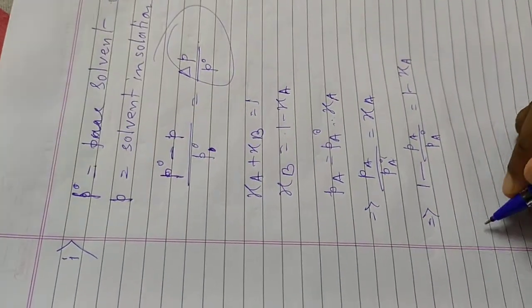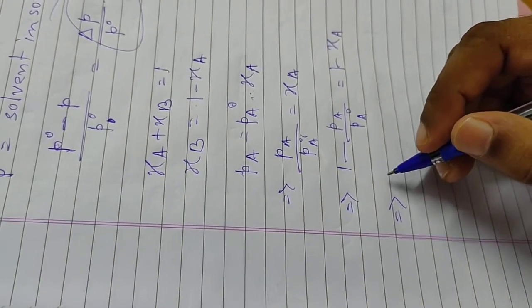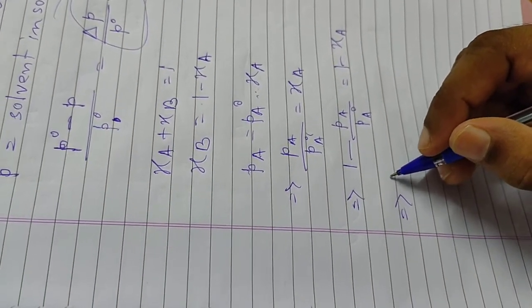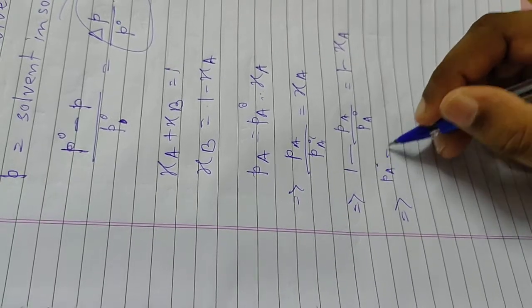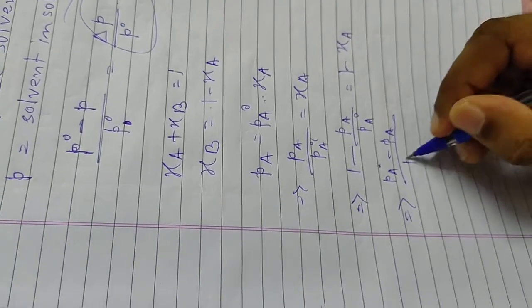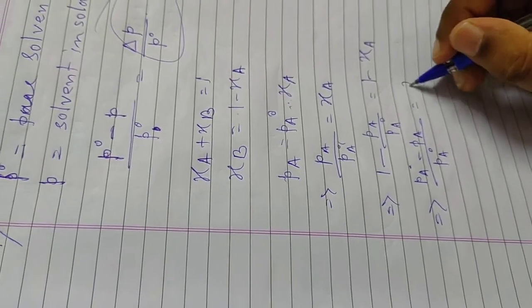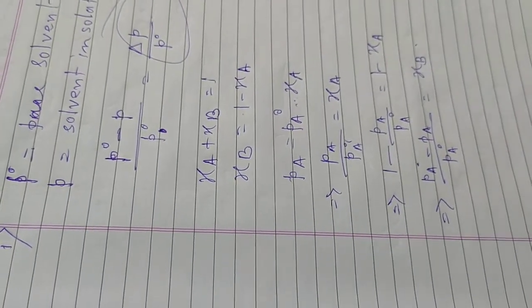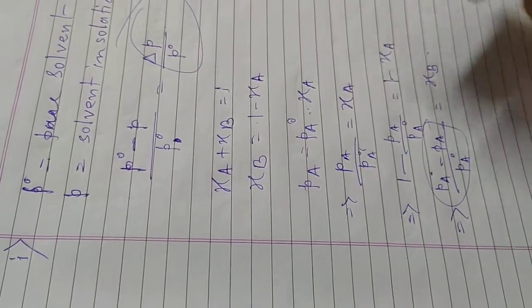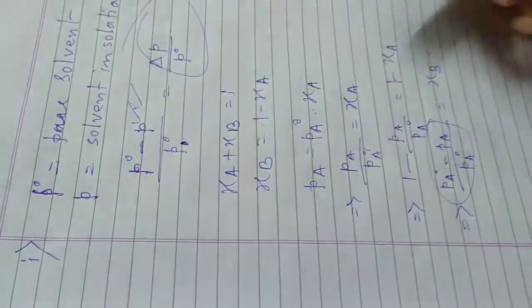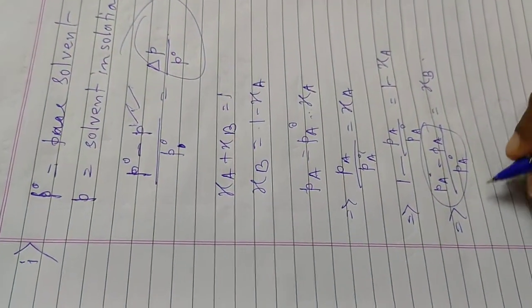From here, if we just operate it by the LCM method, then we get PA naught minus PA by PA naught is equal to 1 minus chi A, that is chi B. And this term is the relative lowering in vapor pressure.